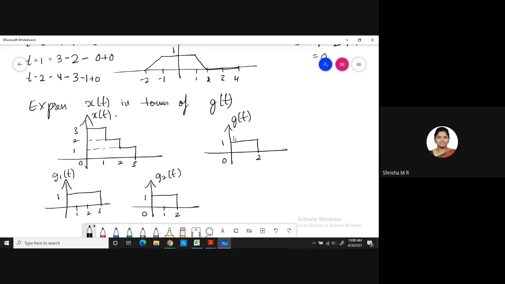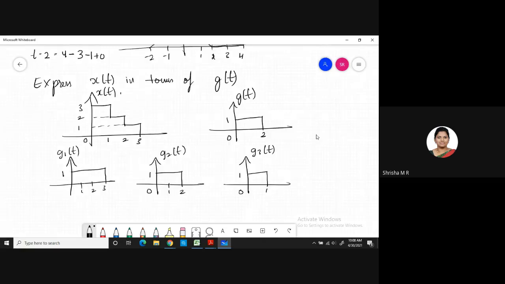With an amplitude 1. And g3 of t will exist from 0 to 1 with an amplitude 1. So this is g1 of t, g2 of t, g3 of t. So g of t extends from 0 to 2. Okay, so g of t is same as g2 of t, correct? So I need not write g2 of t in terms of g of t. So it is the same.